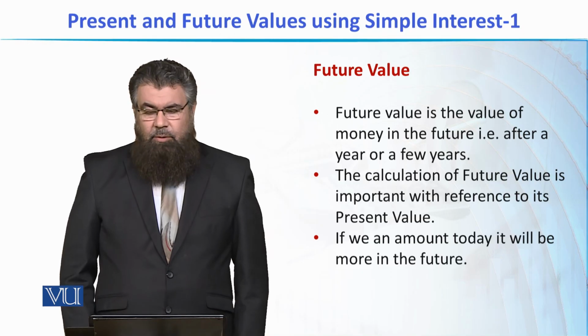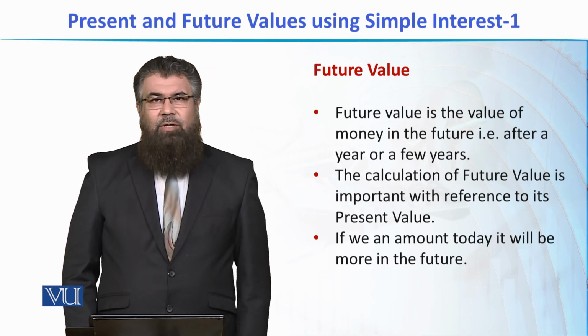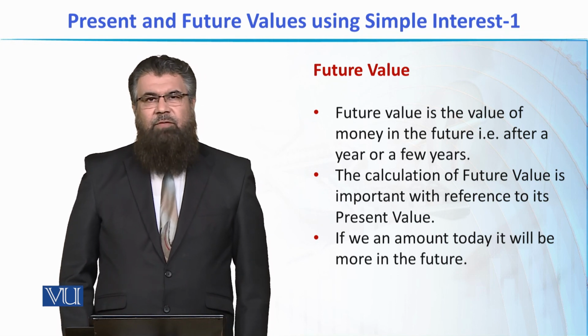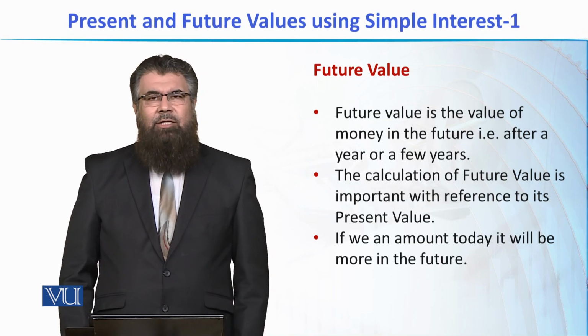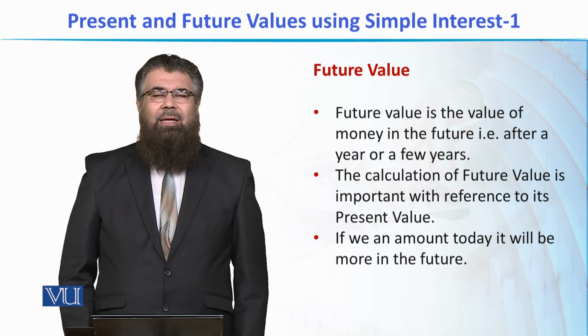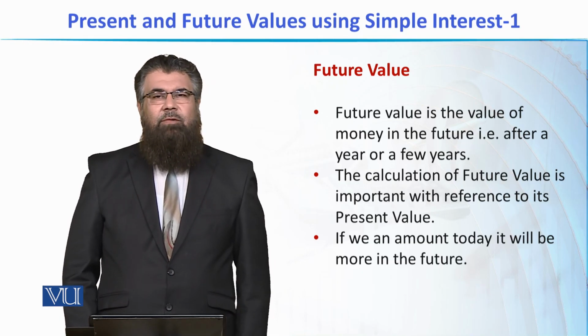But future value with reference to present value is actually the sum of the principal amount and the interest that is earned. So as I've mentioned, we may calculate the interest on one side, see how much interest is there, and then add it in the principal amount and see what is the amount that we'll get in the future.